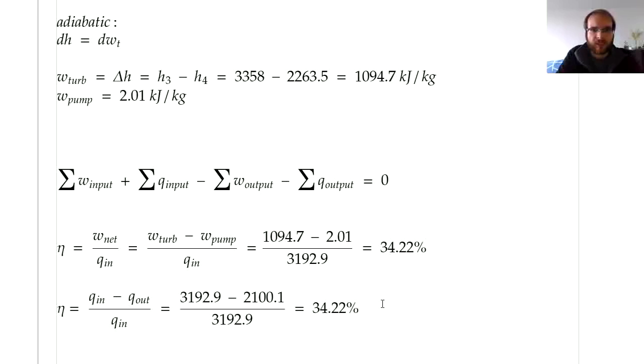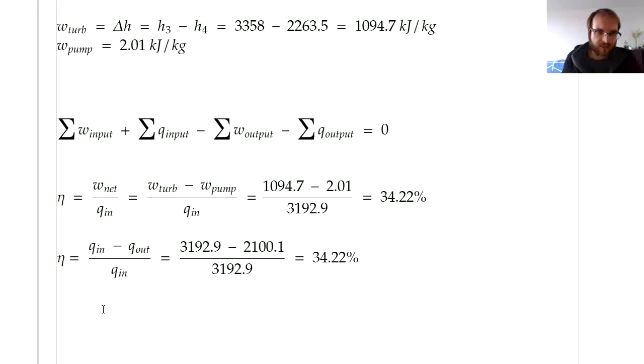Now, in the problem statement, we were talking about an approximate way to calculate the efficiency. You can see that the work input is very small, so in some very rough and quick calculations, you could perhaps neglect it. So what would happen if you would neglect it?